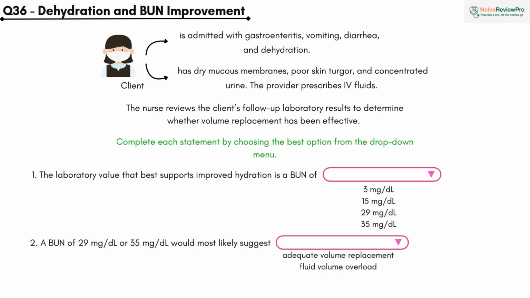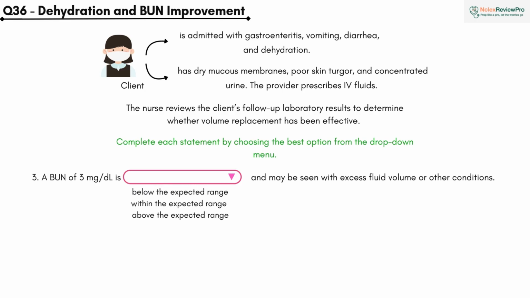A BUN of 29 milligrams per deciliter or 35 milligrams per deciliter would most likely suggest blank: continued dehydration, adequate volume replacement, fluid volume overload. A BUN of 3 milligrams per deciliter is blank: below the expected range, within the expected range, above the expected range, and may be seen with excess fluid volume or other conditions.